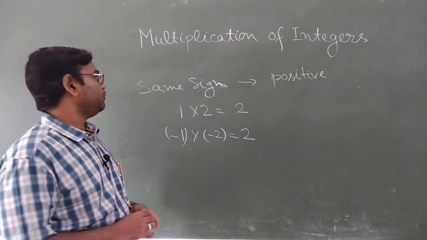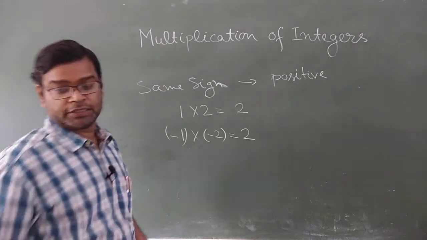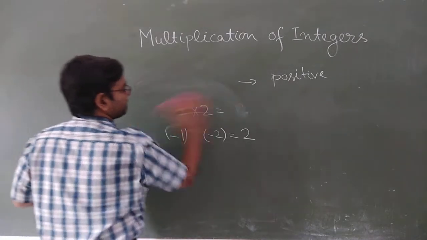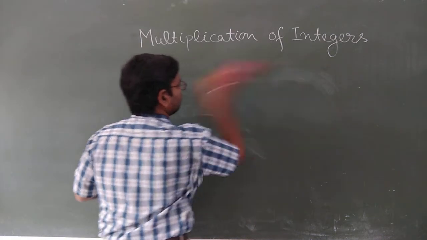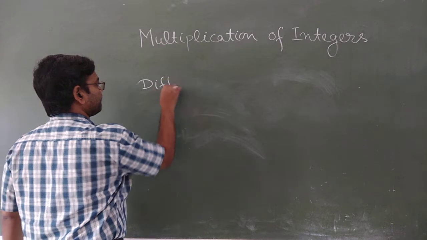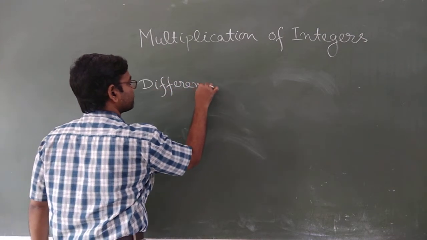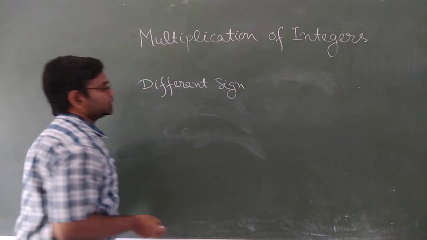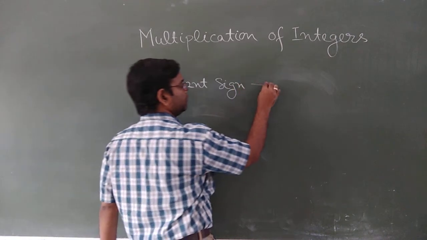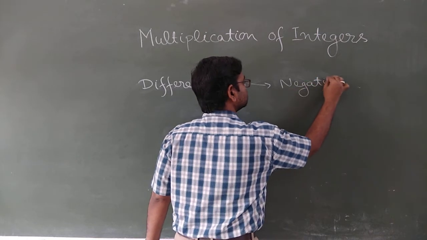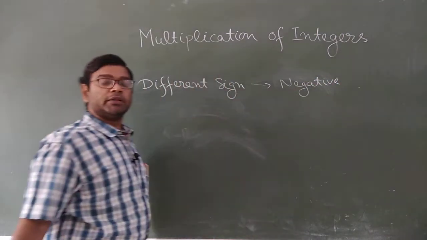And the second part, if we multiply different signs, then the answer must be negative.